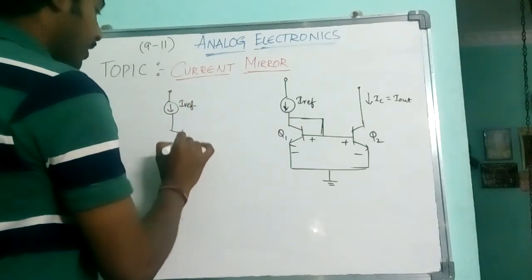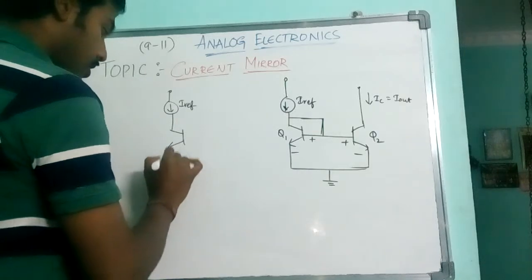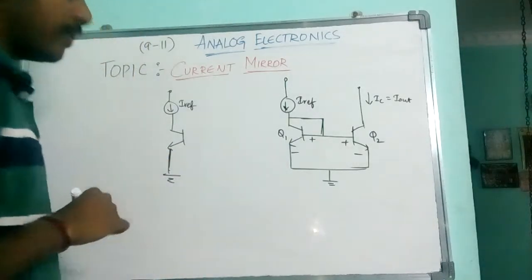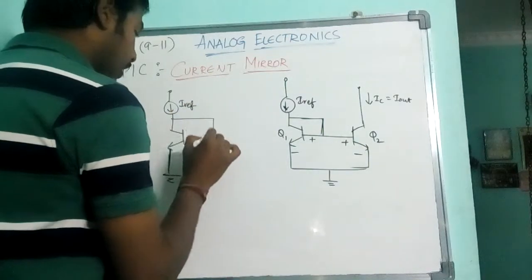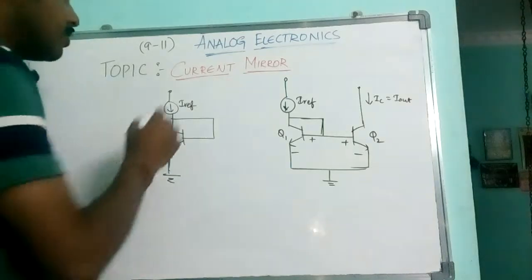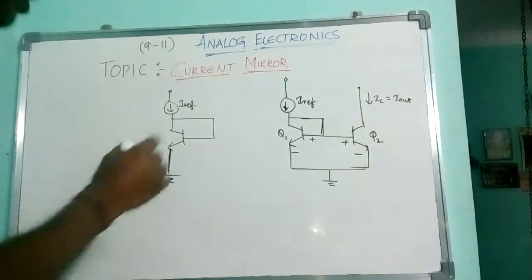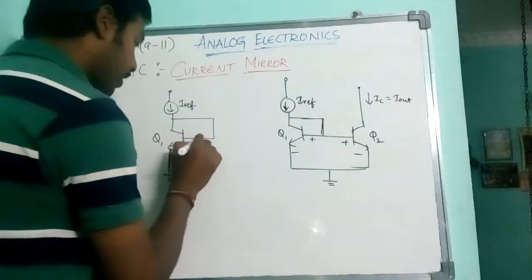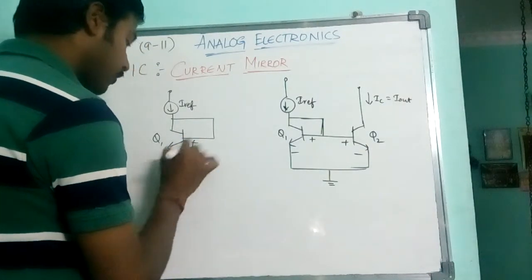I have a transistor here, and this NPN transistor has base and collector both shorted. So this is my first circuit here. I'll call it the Q1 transistor. Generally for an NPN transistor we apply some voltage VBE1.